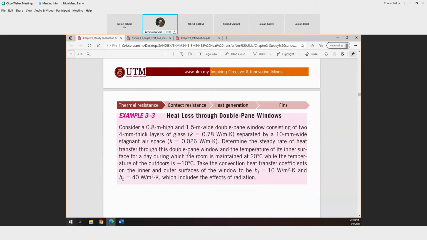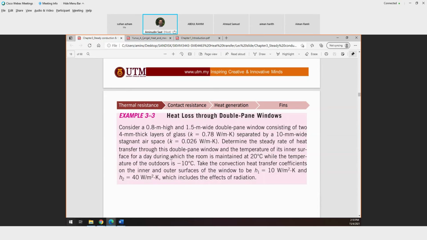So in the test, this K will not be given, so you need to find the K value from the textbook, normally from the appendix, and you need to mention in your analysis where you took the K value, or the properties value, or any value that you put in your analysis. That is the purpose of the open textbook.